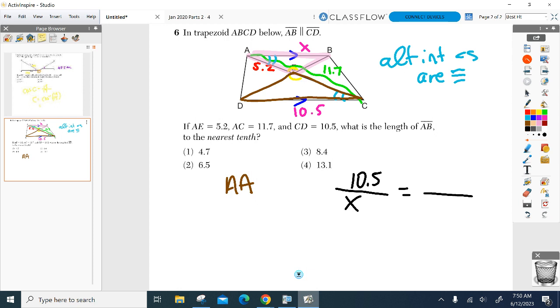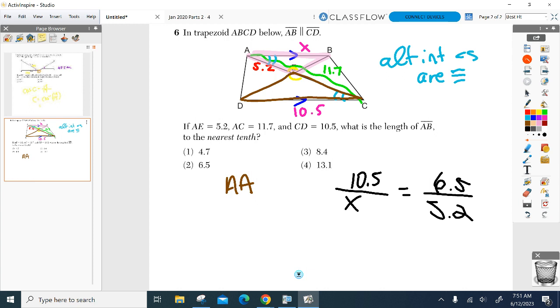The diagonal was 11.7, AE was 5.2. Just subtract. 6.5. So there's 6.5, and it matches up with the 5.2 in the pink triangle. And there's the proportion I needed.